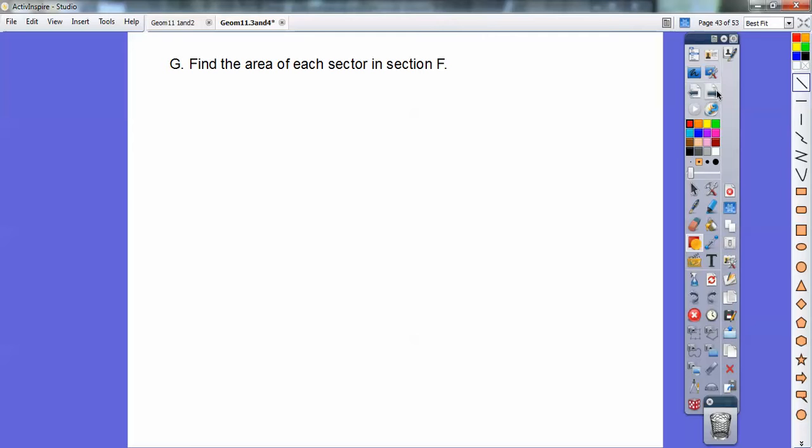So this says find the areas of those sectors in the last section, section F. So here's that picture again for number 1. Now we're just going to find the area, this little area of this piece of pie. Area is pi r squared for circles. So we're going to use that n over 360 action again.